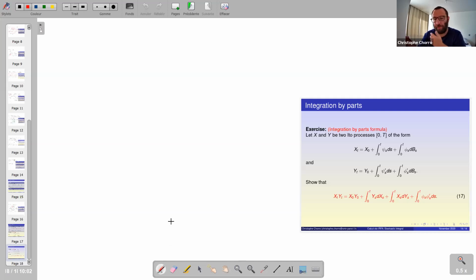So let's see what happens. I have two Ito processes, two generalized Ito processes. I have xt that is equal to x0 plus the integral between 0 and t of psi of s ds, plus the integral between 0 and t of phi of s dbs.